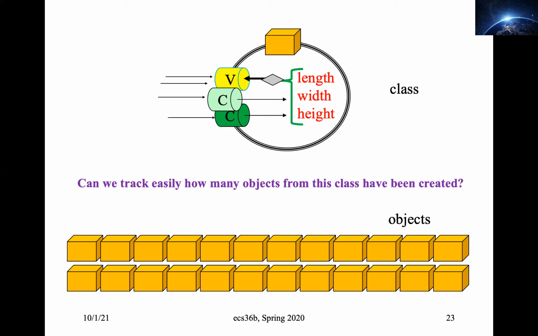So essentially, I have those three variables: length, width, and height. If I create this many objects, all of them are going to have separate memory space for these three variables.